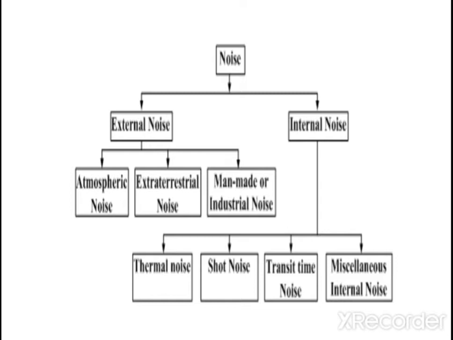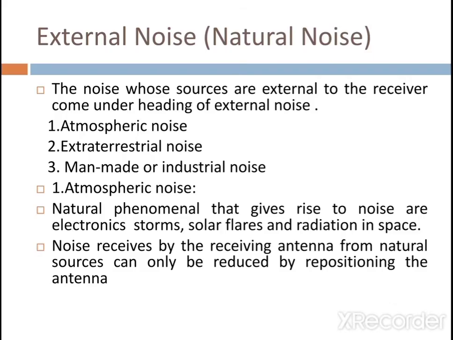Then internal noise means it is produced due to the internal factor. So internal noise has three parts: thermal noise, shot noise, transit time noise, and at last miscellaneous internal noise. So I will explain in detail about these types.